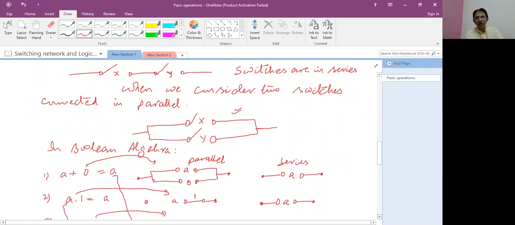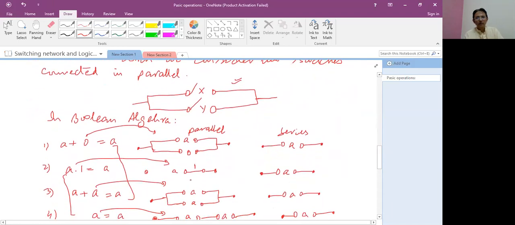In Boolean algebra, you know very well, student, there are some rules. In the previous lecture, we discussed the Boolean laws of algebra. A plus 0 is equal to A. How can we show this law of Boolean algebra in parallel and series form?